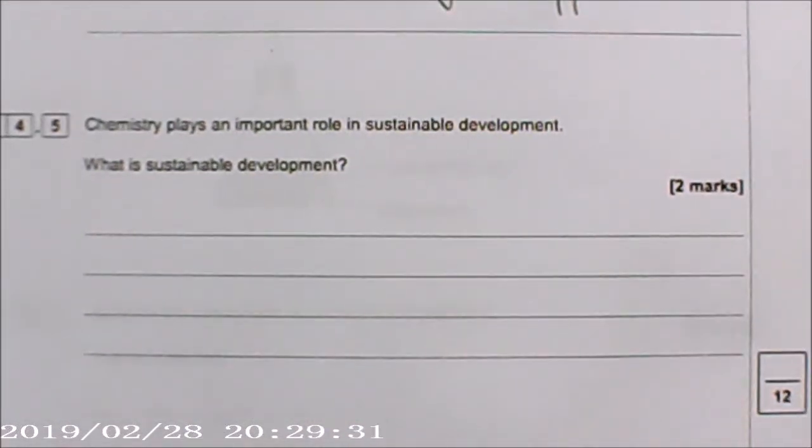Right, and the last question for question 4. Chemistry plays an important role in sustainable development. What is sustainable development? And again, this is worth 2 marks, so we need to have 2 points in our answer.